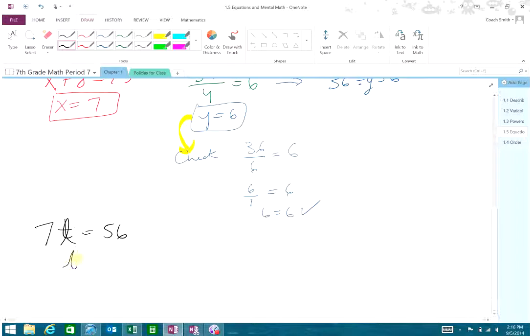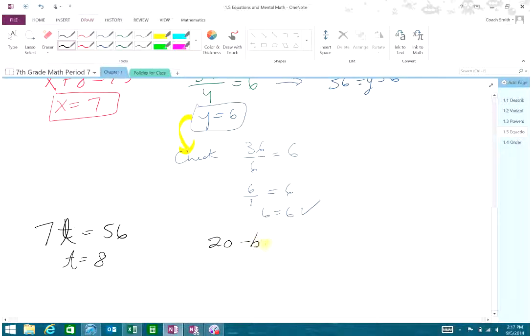Yes, t equal 8. So mentally you're asking yourself, 7 times what number equals 56? Well, if you know your multiplication tables, 7 times 8 is 56. The other way you could think of it is what I divide 7 into 56, that goes 8 times. Okay? What about this one?